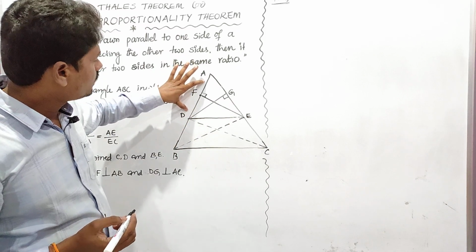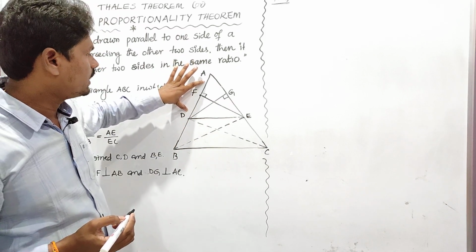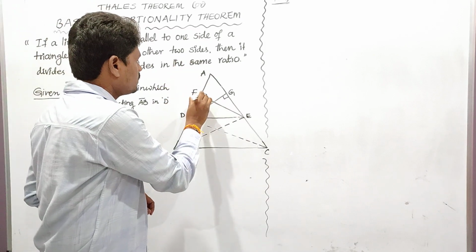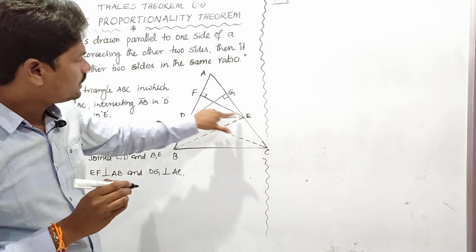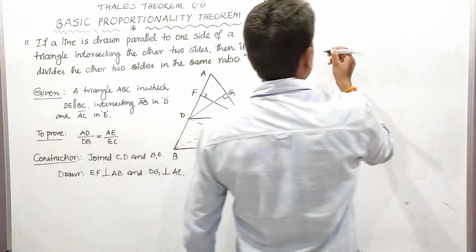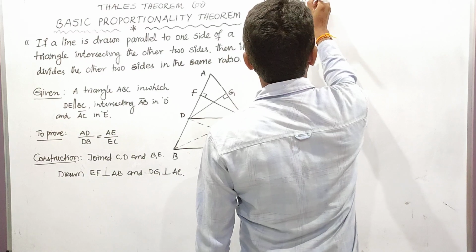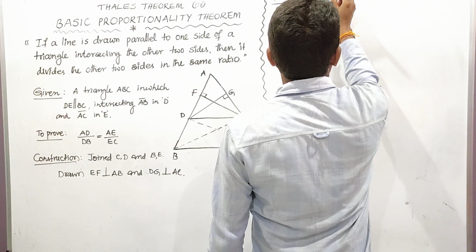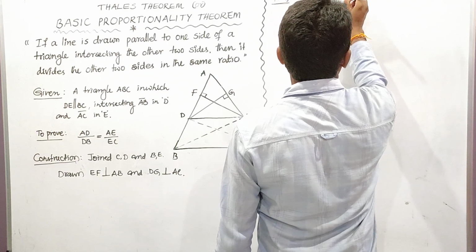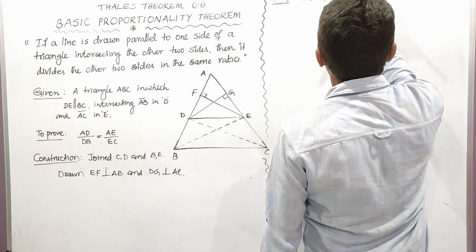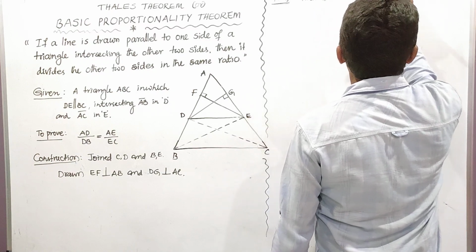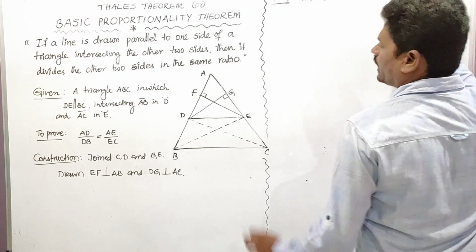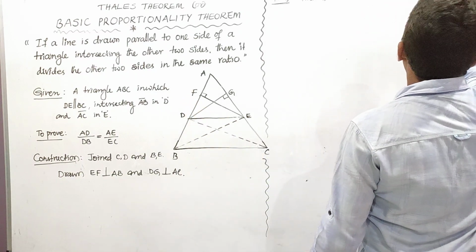Now I want to take AD as base, then EF becomes the height. So area of triangle ADE is equal to half into AD into EF.